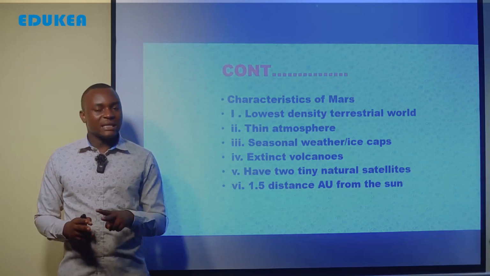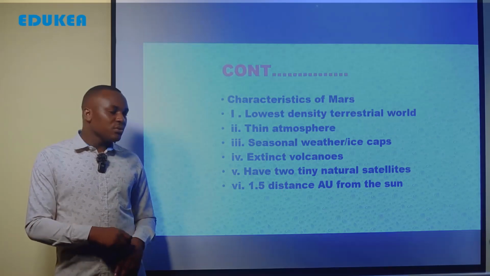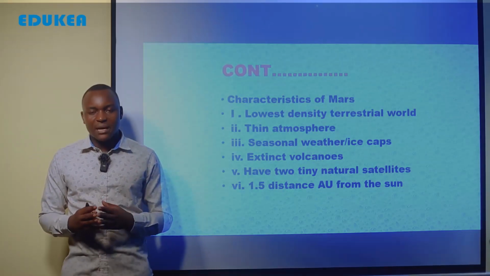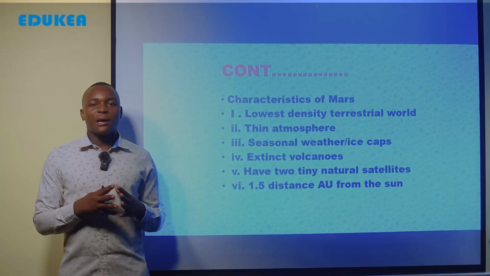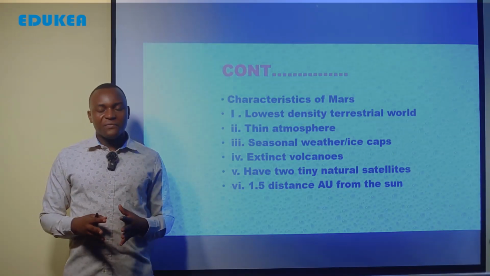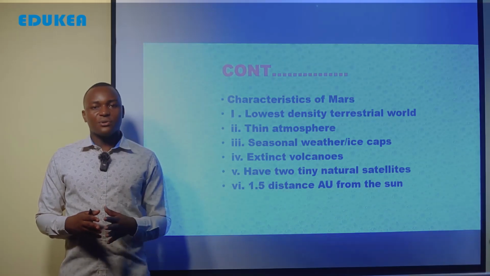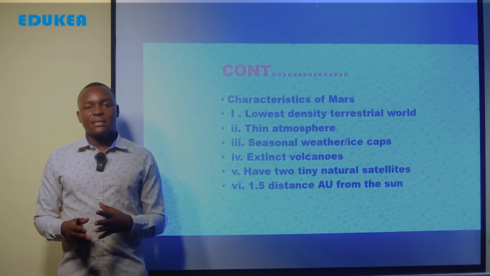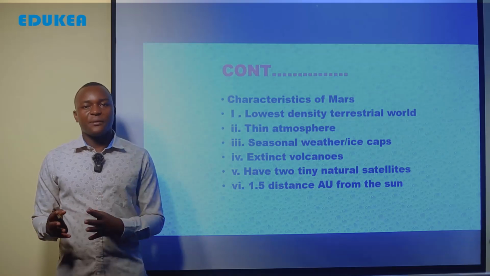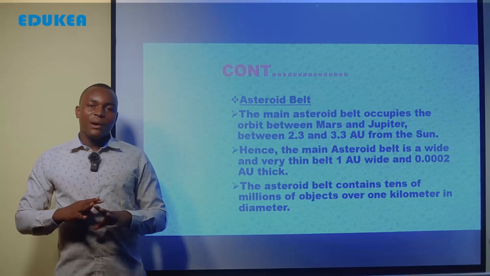When we look at the distance from the sun, umbali kutoka jua lilipo mpaka kuifikia sayari ambayo ni Mars, urefu wake tunasema ni 1.5 astronomy unit. Kwa hiyo ilikuwa ni part ya kwanza au zone ya kwanza ya solar system ambapo ni inner planet.